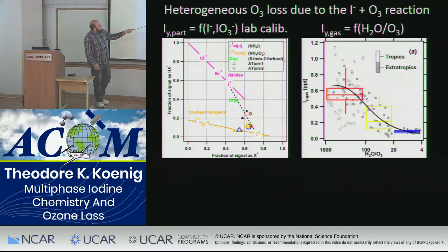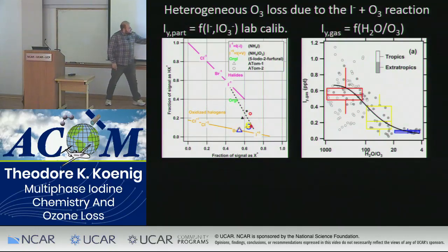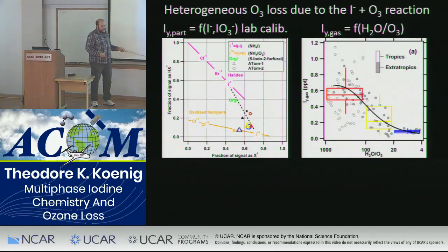If I look at IY gas here, and I use the same metric of water versus ozone, I find that for all the extratropical data, it falls quite nicely on a single exponential fit. So what I'm going to do going forward is say, if I want to predict IY particulate, it is going to follow this same exponential fit, and I've got my bins here looking at it the same way, in terms of the 25th, 75th, 10th, and 90th percentiles.